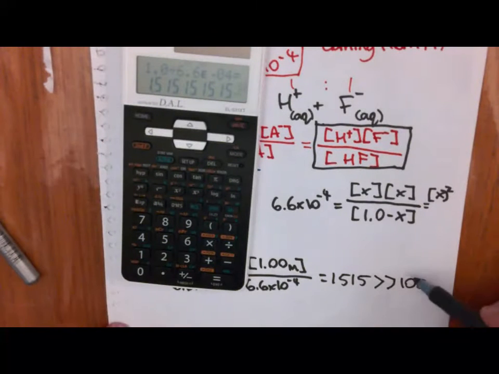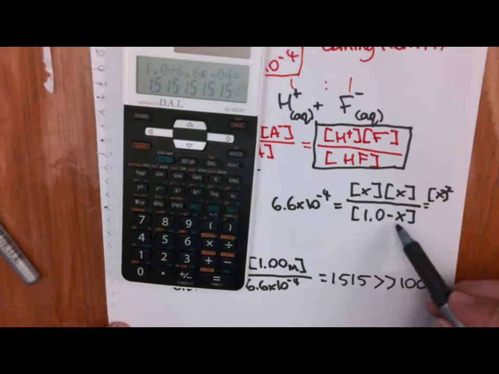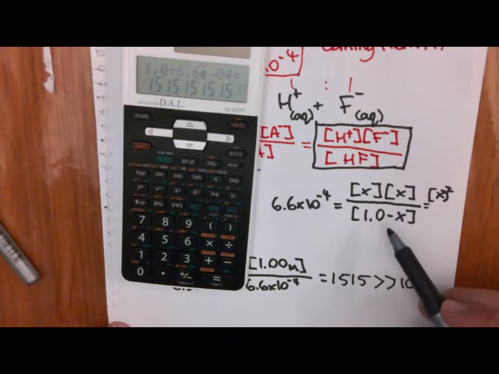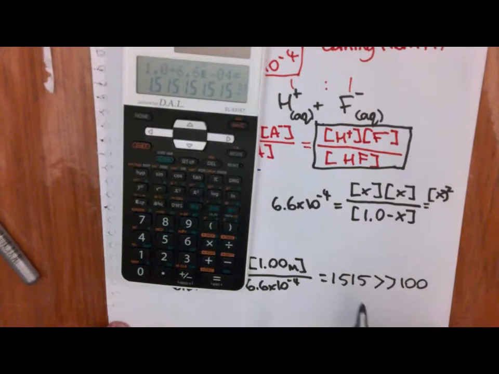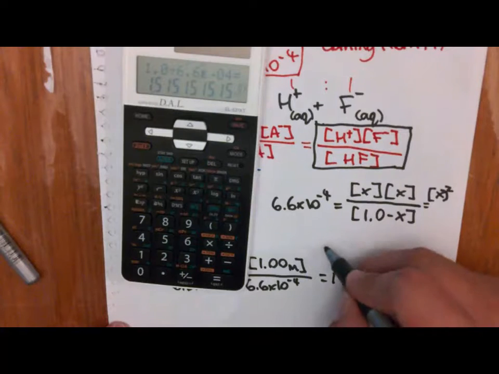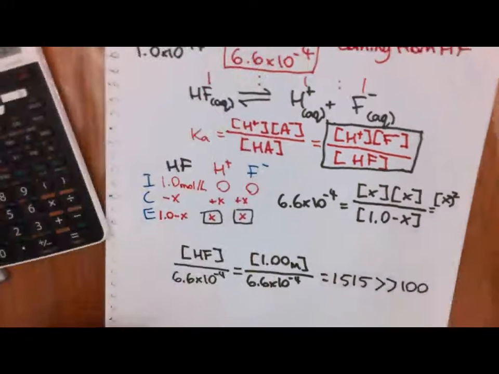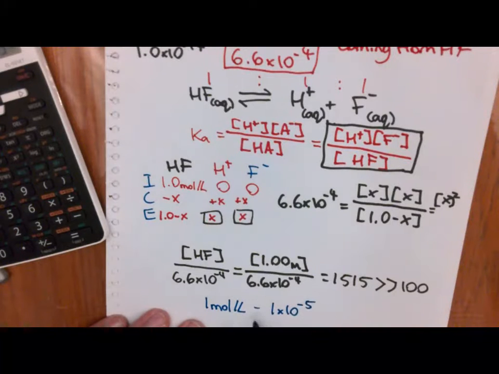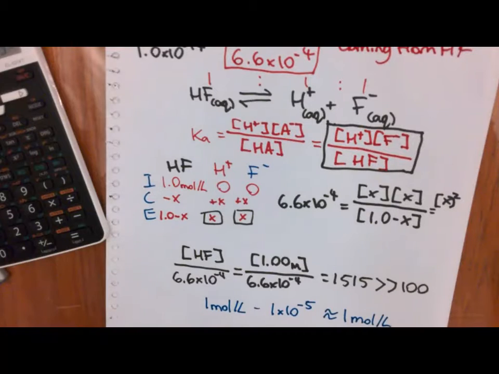So seeing that, all of a sudden we can make an assumption. That assumption is that this change in X in comparison to this 1 mole per liter that we're starting at is going to be very, very small. Even if I have 1 mole per liter and I subtract, let's say, 1 times 10 to the negative 5 from that 1 mole per liter, it's still going to equal approximately 1 mole per liter, especially if we're using our significant figures.